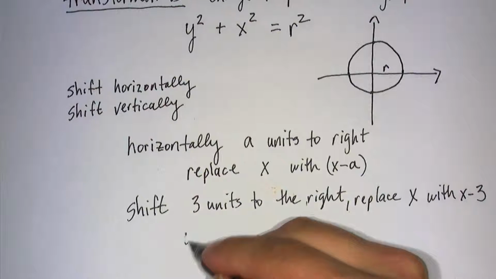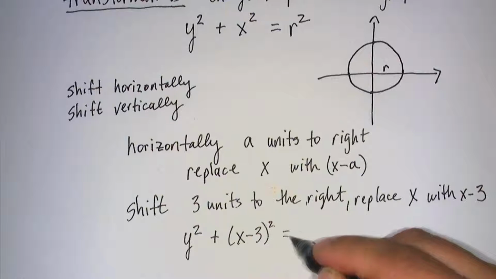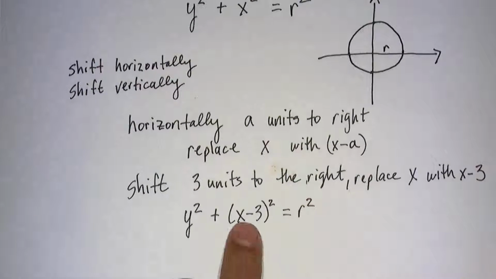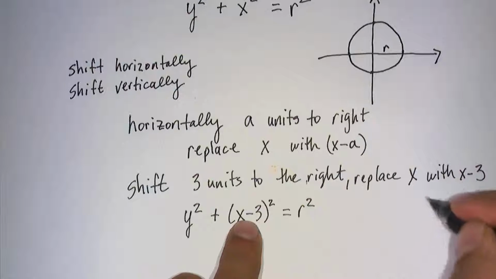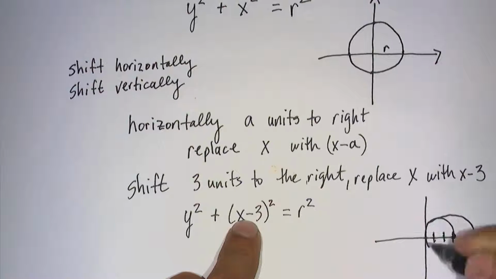It'd be y squared plus x minus 3 squared equals r squared, where r is just the radius of the circle. It can be any number. Okay, so this would shift it 3 units to the right, so the center would be 3 units to the right. 1, 2, 3. There we go. So the circle would be over here with the center 3 units to the right.